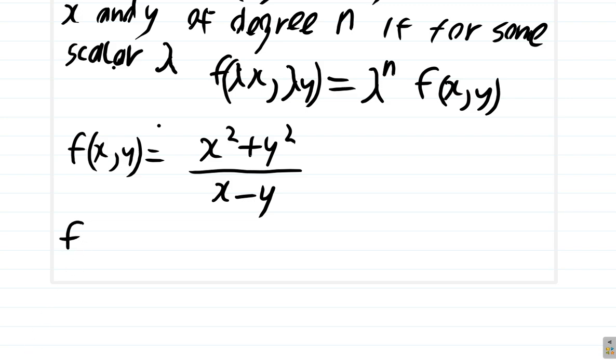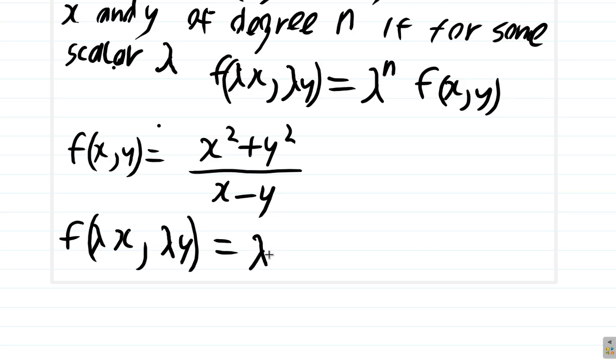So we want to find f of lambda x, comma, lambda y. What is it? Well, we would change x to lambda x.